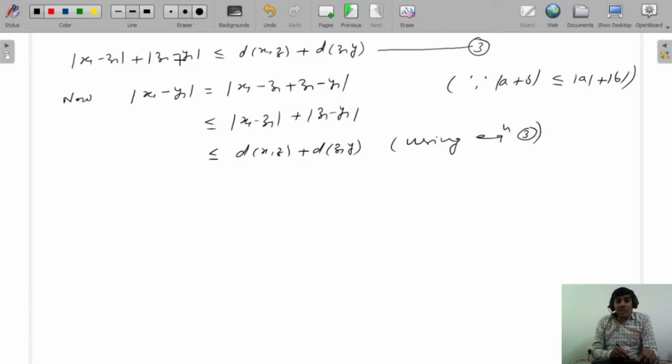So this implies modulus of x1 minus y1 is less than or equal to dxz plus dzy.